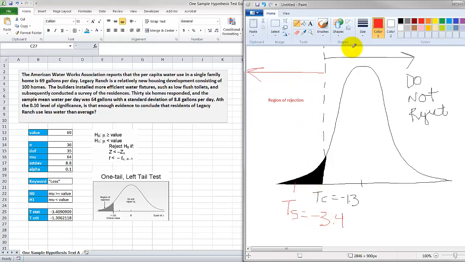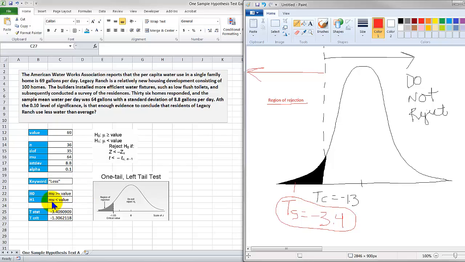So to determine which region you're actually in, it's all based on this test statistic, and you have to know where the critical area lies. The critical value is what defines your region. We've defined this region. We know where the test statistic is. It's in the region of rejection. So we're going to reject the null hypothesis.